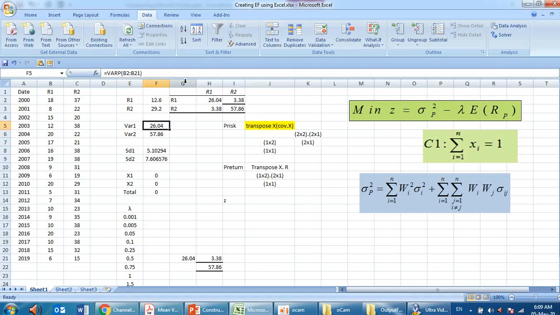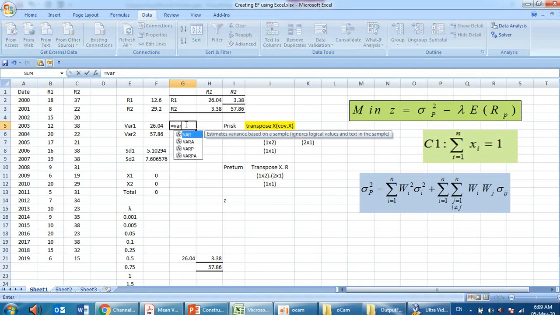Why? Because when you build the variance covariance matrix using this command in data analysis, the variance is always calculated as a sample. But when you directly calculate using the var function, it is the variance of the sample, and when you put a p over there, it becomes the variance of the population.